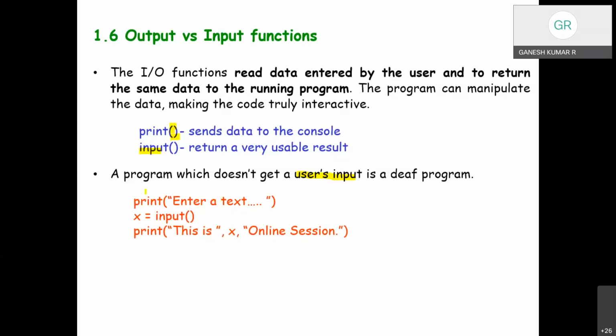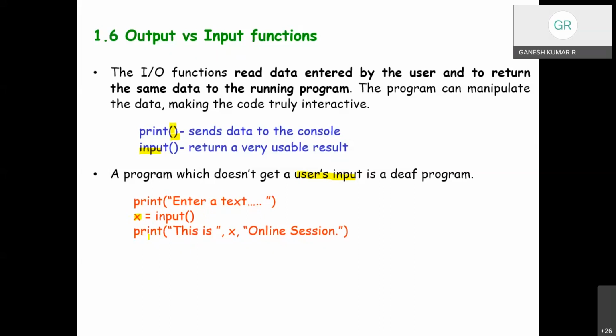Now look at the statements. Print, enter a text. X is equal to input. A variable X is defined here, and the input entered will be assigned to the variable X. In this case, X will be a string variable.